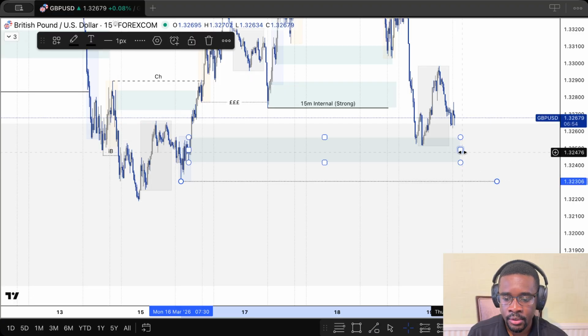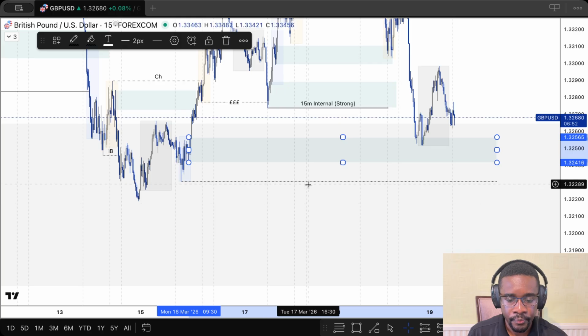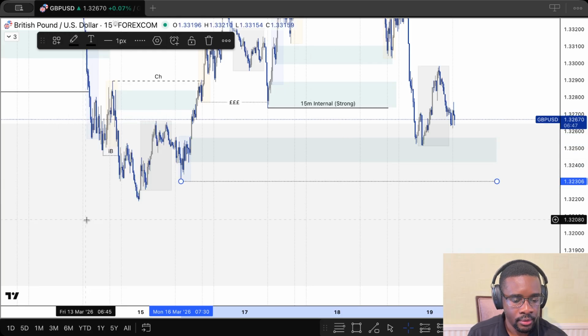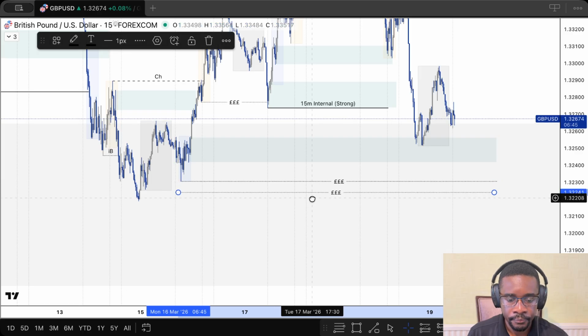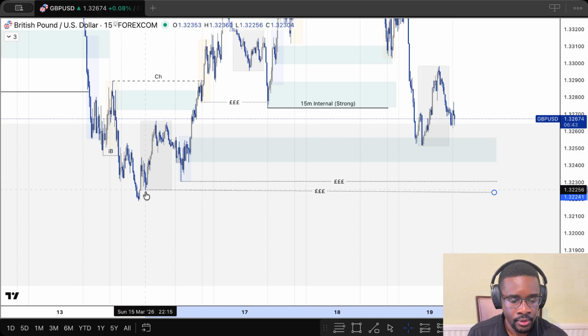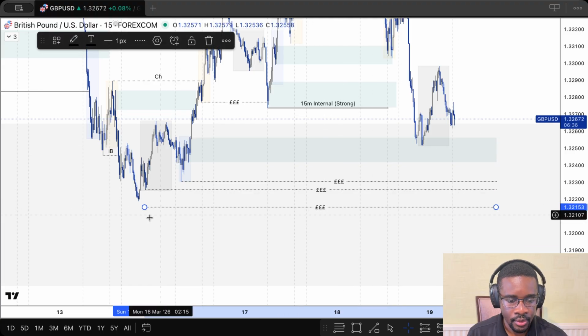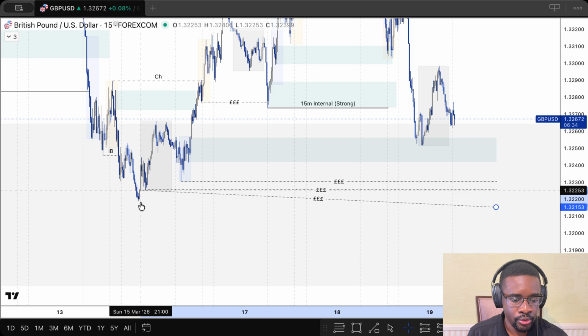I'm going to just mark that as liquidity. This is an Asia low. We could see that run, and then we have this extreme low, which is our swing point.